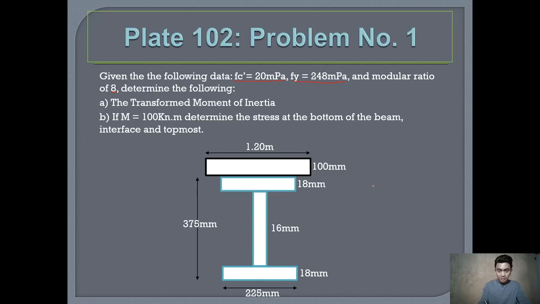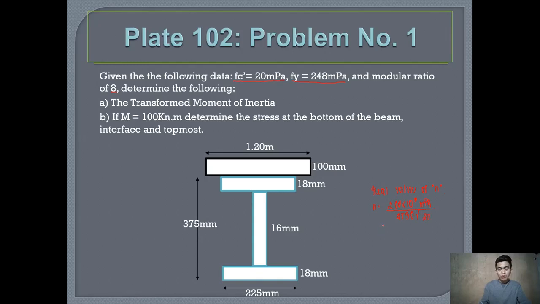So let us denote it here. The real value of n. So for the real value of n, that will be n is equal to the modulus of elasticity of steel, which is 200 times 10 raised to 3 megapascal, divided by 4730 square root of Fc prime, which is 20 megapascal.